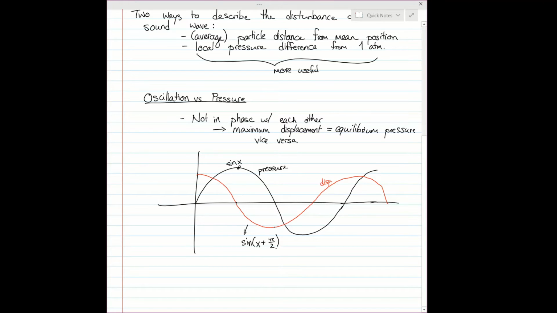Now, obviously, it's not quite that simple. It'll actually be sine of kx plus omega t plus pi over 2, and so on. There are going to be other terms. But the point that I'm getting at is that there is this phase constant of pi over 2 relative to the phase constant of the pressure wave.